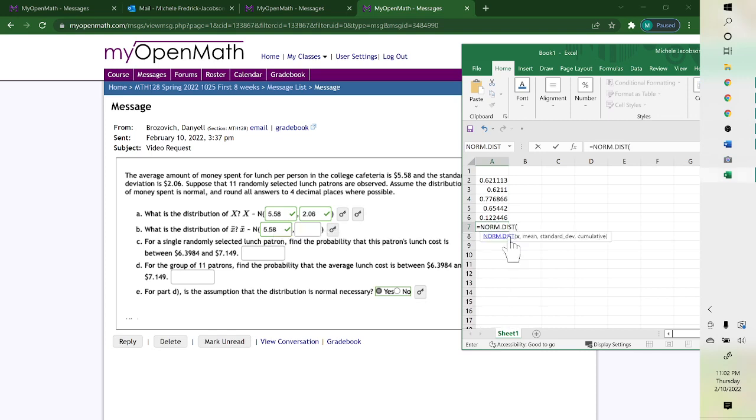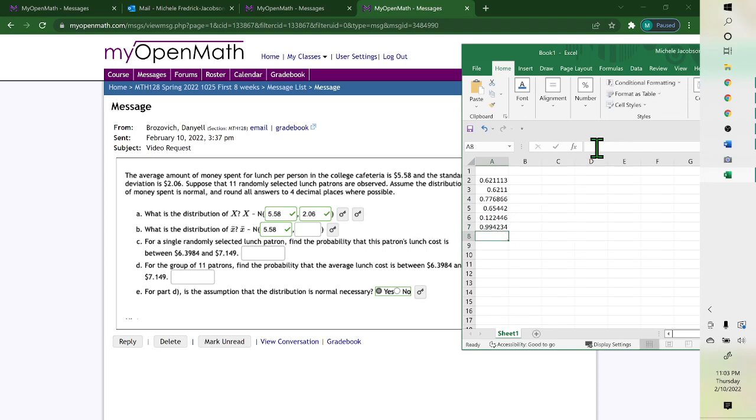And then we put our mean, 7.149, comma, 5.58, comma, 0.6211. So we're using this value now because that was our standard deviation. Comma, 1.